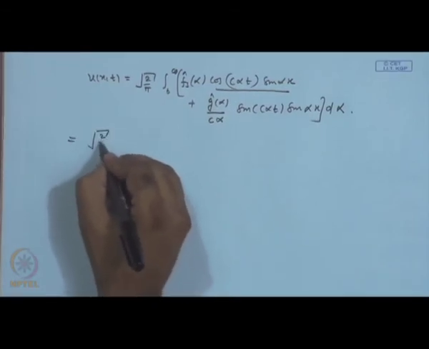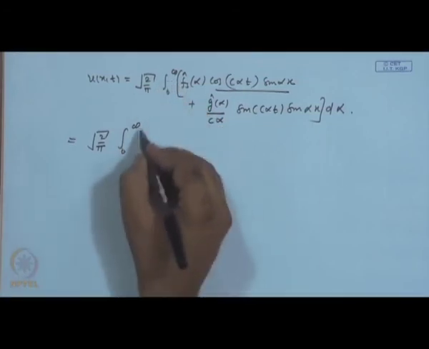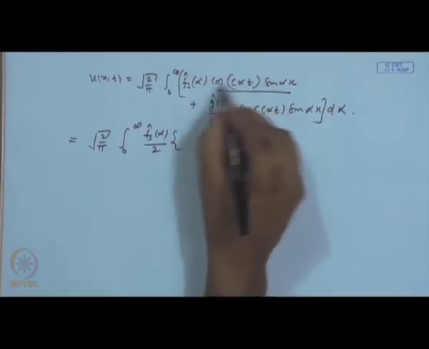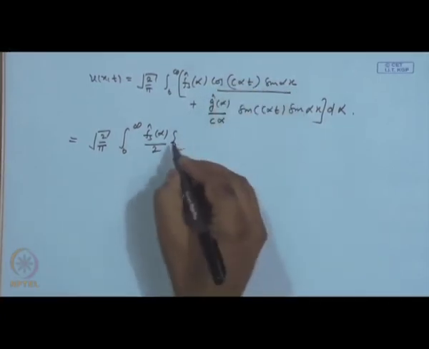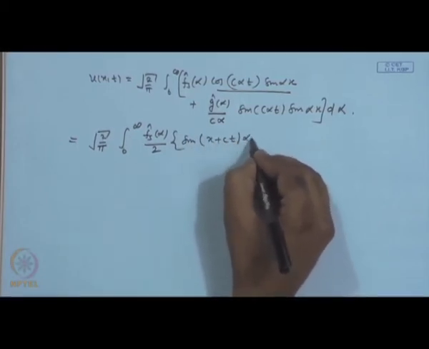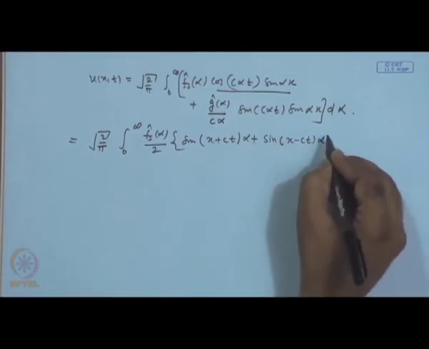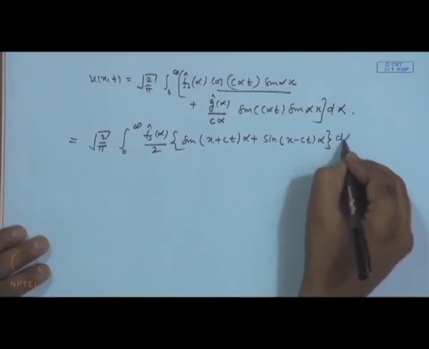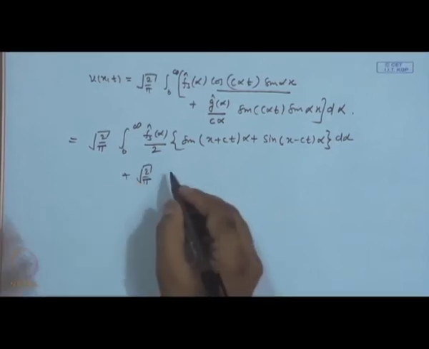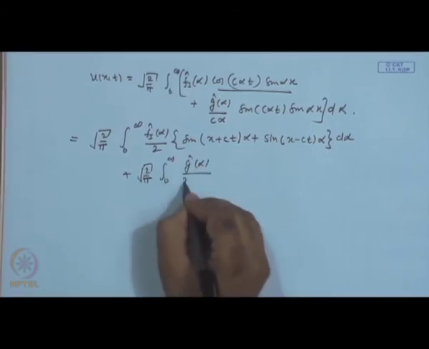So, we take 2 over pi and we have 0 to infinity and this f̂_s(α) over 2, and this will be now, 2 times sin a cos b will be sin(a+b), sin(x+ct)α plus sin(x−ct)α dα, plus again here 2 over pi with that integral. We have 0 to infinity ĝ(α) over 2cα.